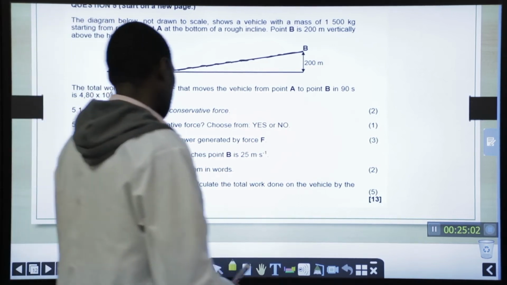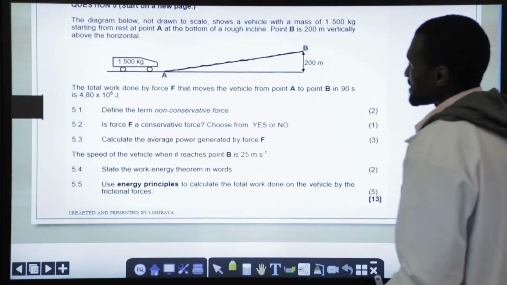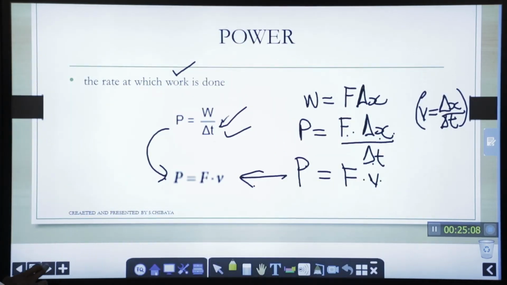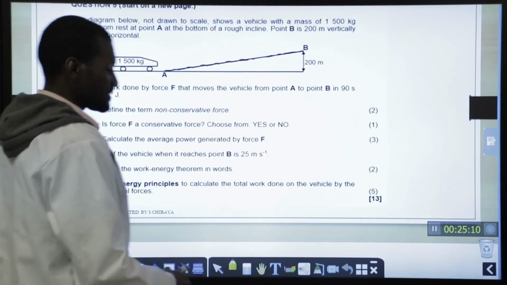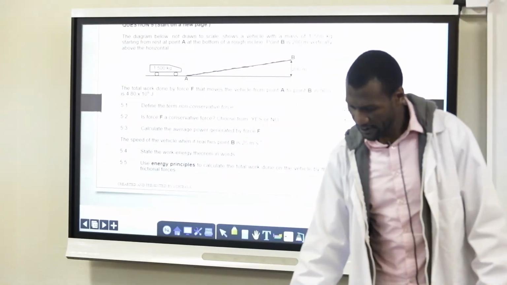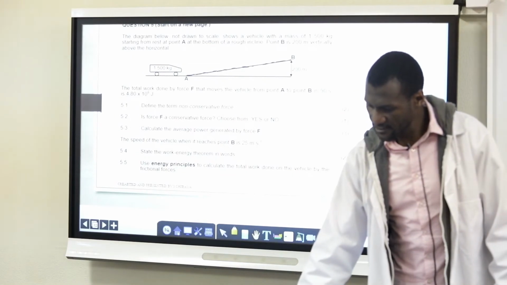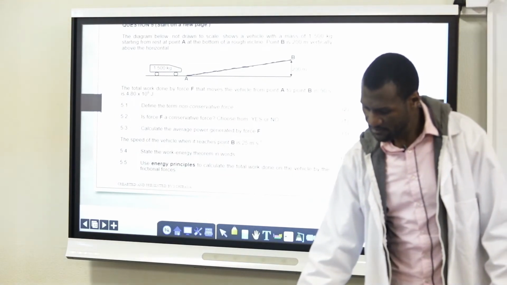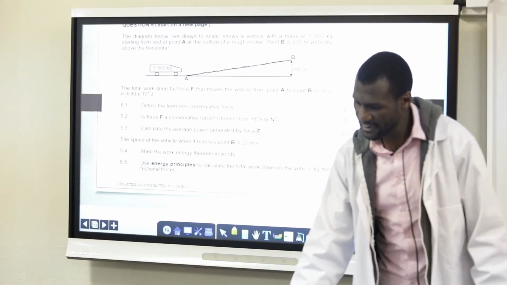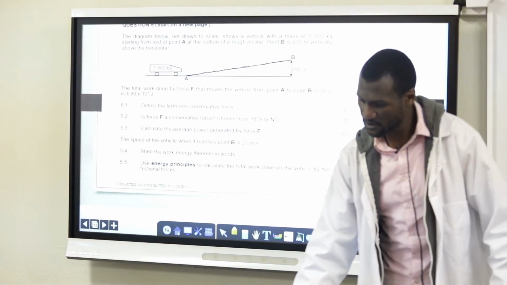Here is a question. I said we cannot do this question unless we know aspects of power. All right, let's consider this question that's up on the board. The top part is clear, so I will not need to read it all.